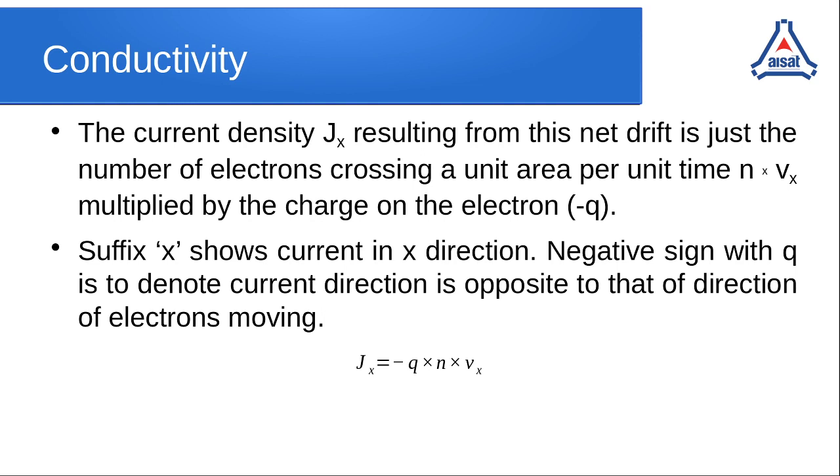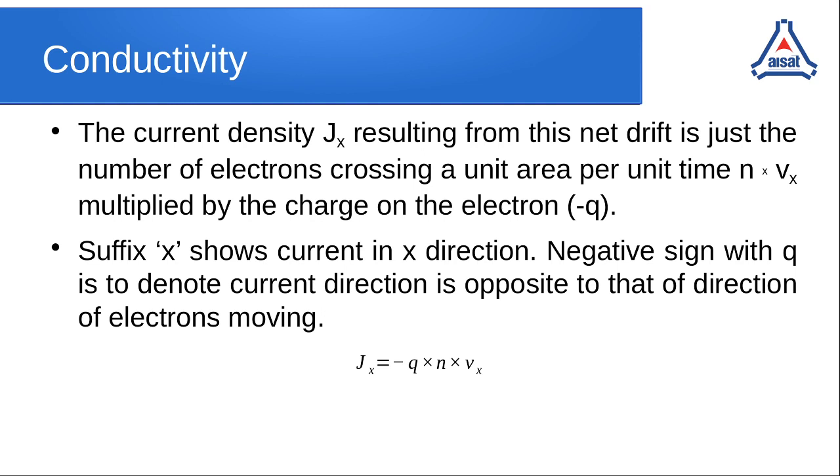The current density can be formulated from this knowledge. The current density, which is resulting from this net drift, is just the number of electrons crossing a unit area per unit time, multiplied by the charge on the electron.